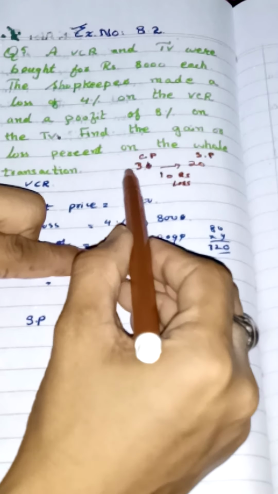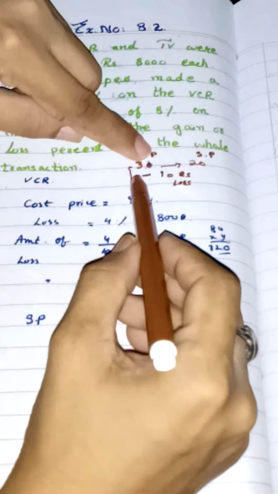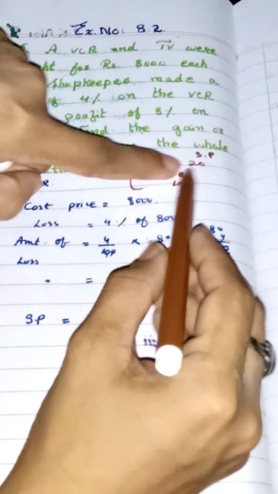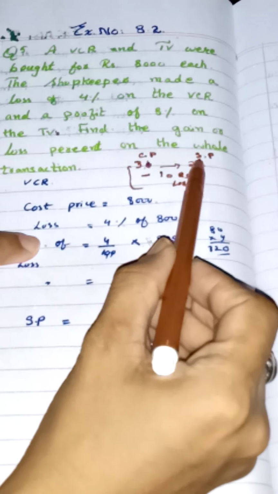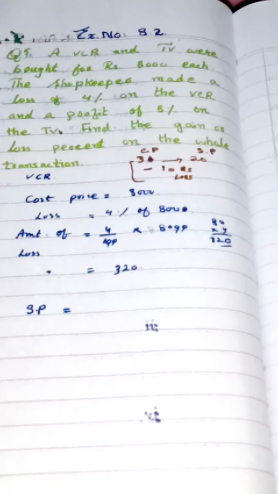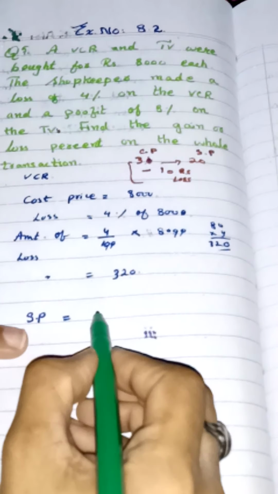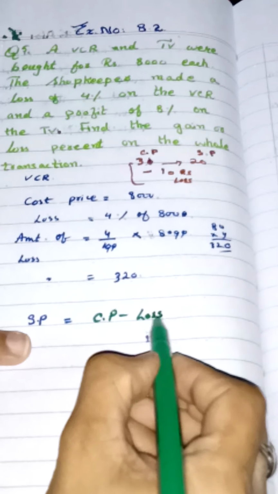So it means that cost price minus loss is equal to selling price. Cost price 30 rupees minus 10 is equal to 20 rupees. So cost price minus loss is equal to selling price.